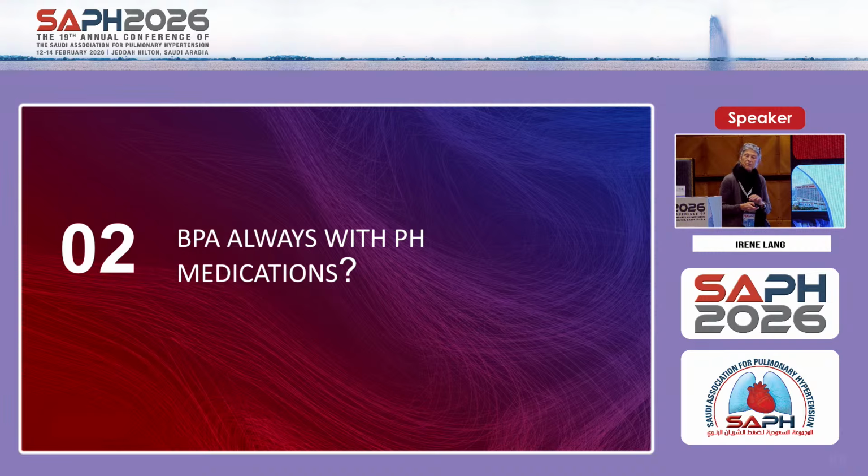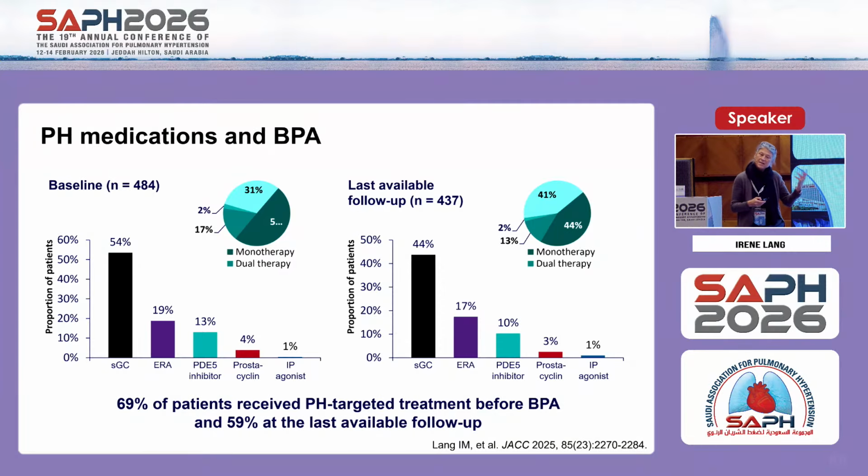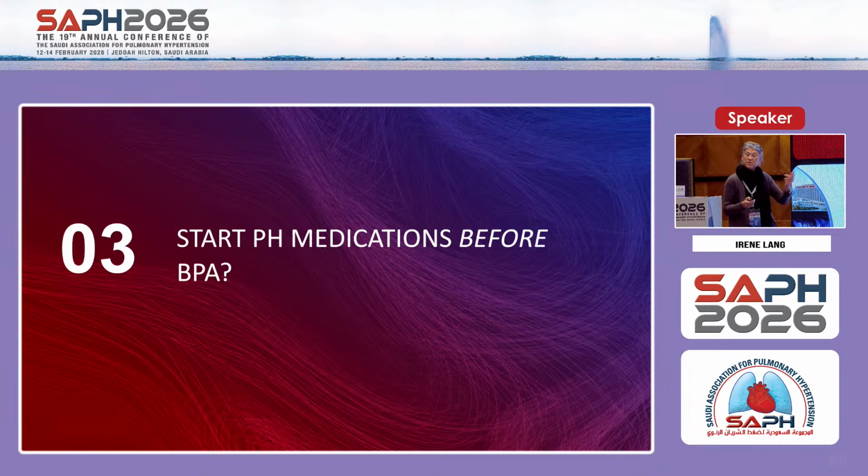So do we always combine BPA with medical treatment? That question has been addressed in the BPA registry. 70% were on PH-targeted treatments at baseline, 60% at follow-up. So it's a very commonly used strategy. Do we start before?